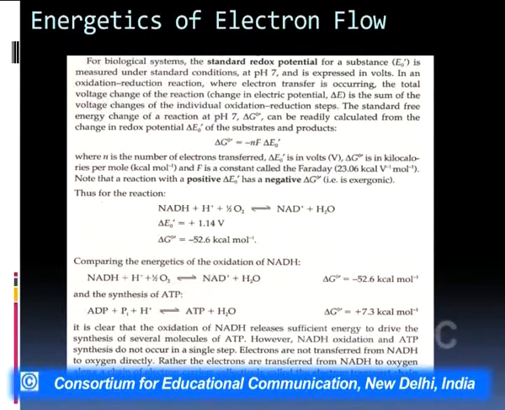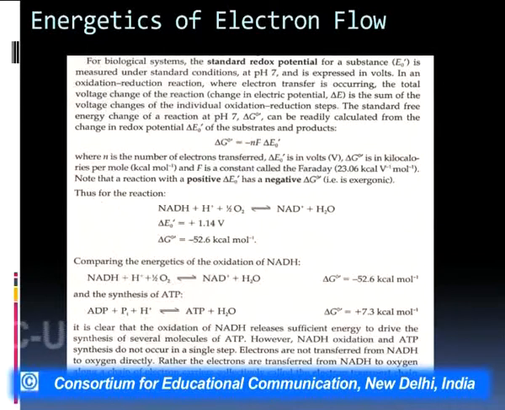We reached the conclusion that 52 minus 70 as compared to plus 7.3 or 9.5 is a huge difference. So, that means the amount of energy available is sufficient to make many ATP molecules.